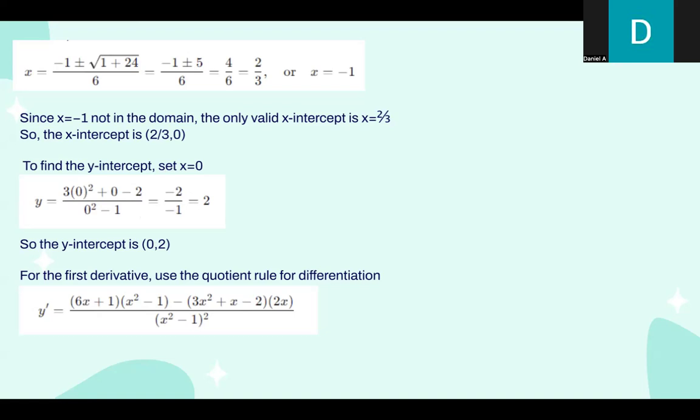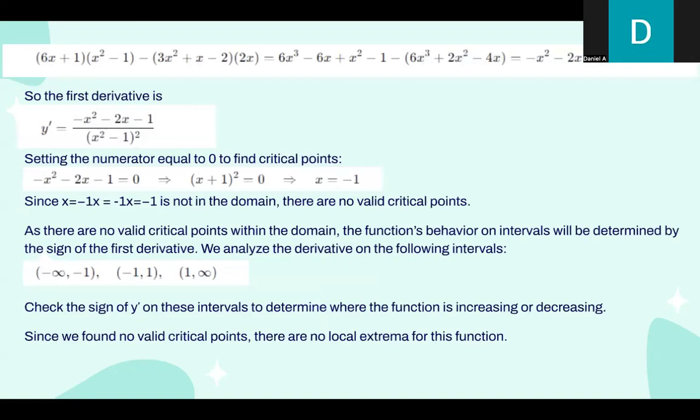Using the quotient rule, y' = [(6x + 1)(x² − 1) − (3x² + x − 2)(2x)]/(x² − 1)². After we simplify, the numerator becomes −x² − 2x − 1.